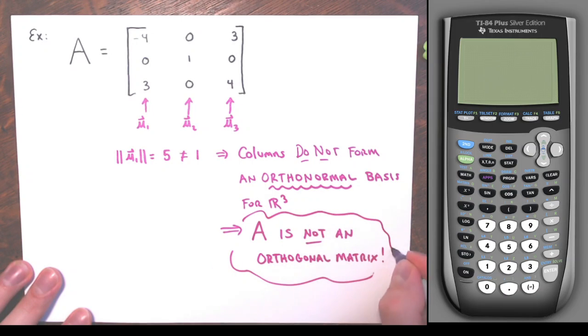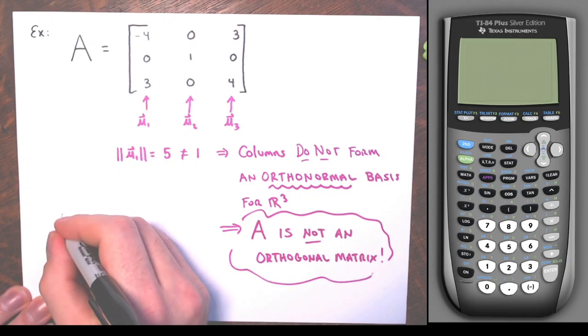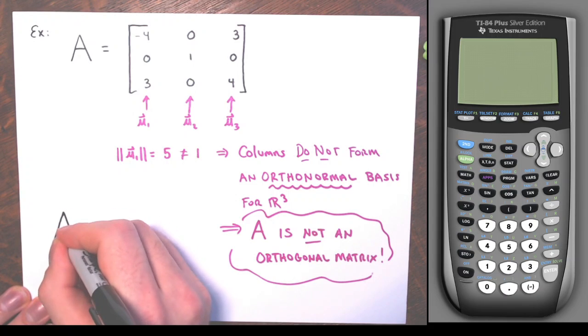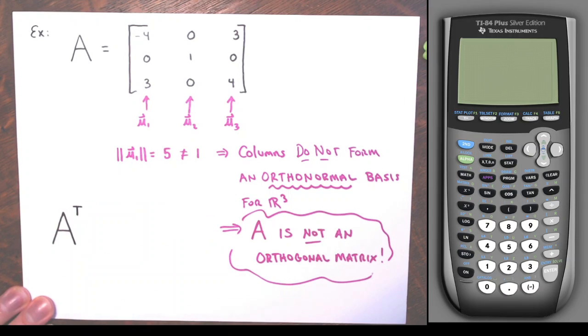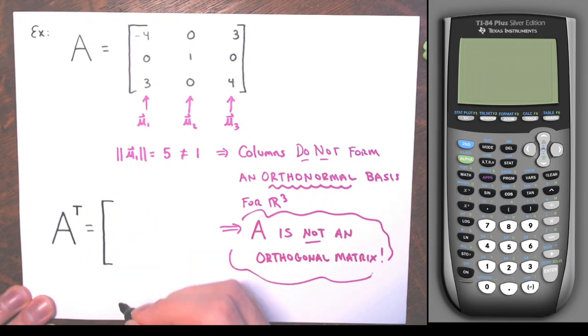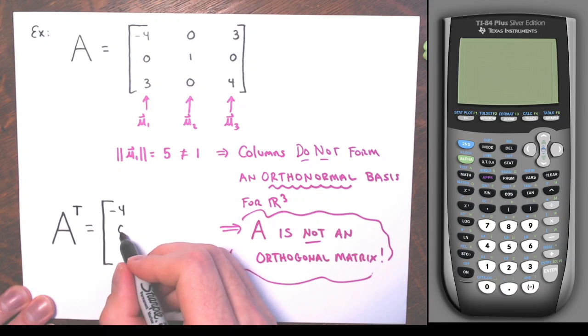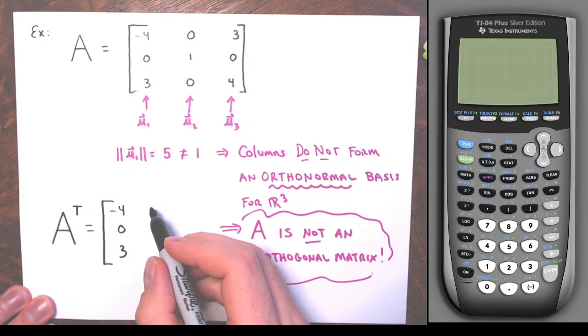And I could stop there. All right, that's all I needed to show. But again, let's verify it the other way, right? Let's see what A times its transpose is, and see if that's the identity matrix, because remember, an orthogonal matrix is a matrix whose inverse is its transpose. So what's the transpose? It'd be negative 4, 0, 3, 0, 1, 0.